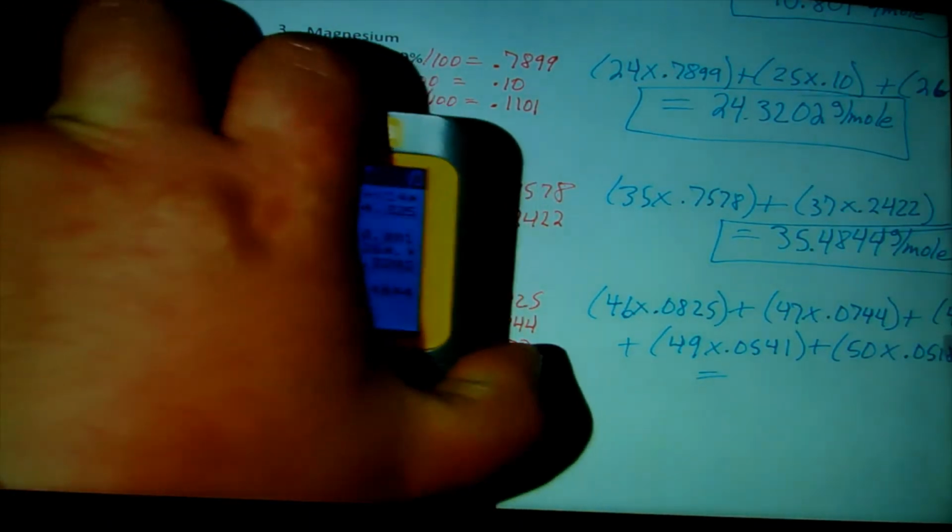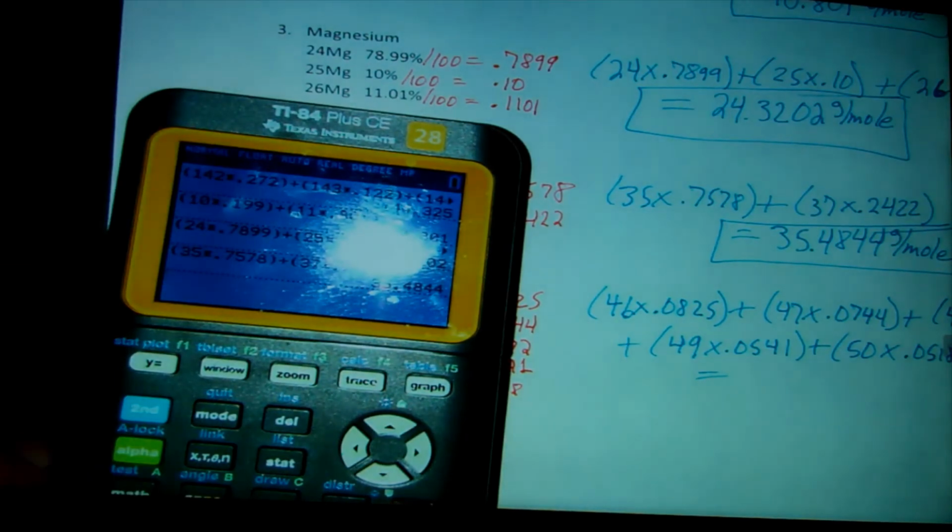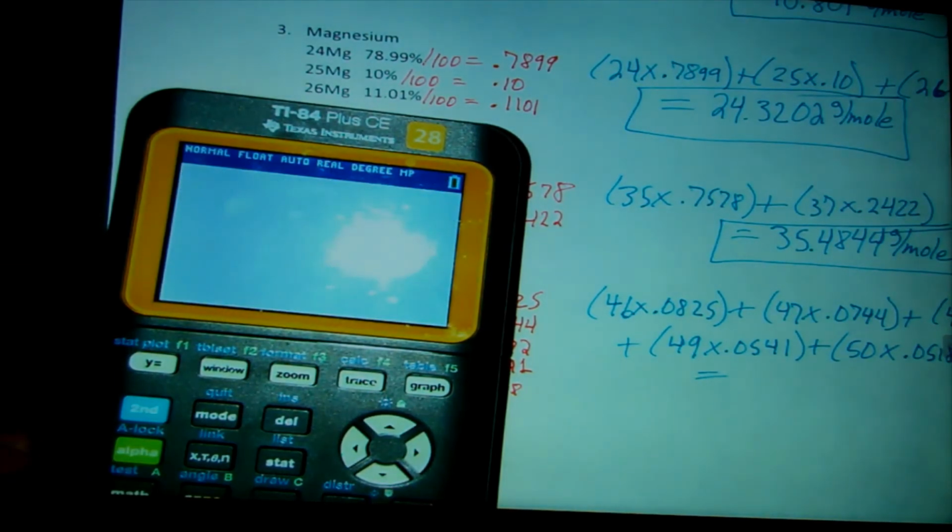Do some math here. Type this in the calculator again. Hopefully you guys can see this on the calculator. That's my hope whenever I'm working these out. That's why I want you to be able to see this, to know what I punch in the calculator as much as what I'm writing on the paper. Making sure you can punch this in a calculator correctly is important.